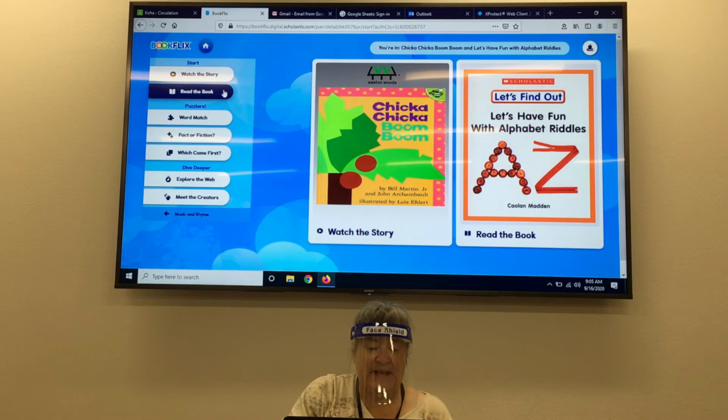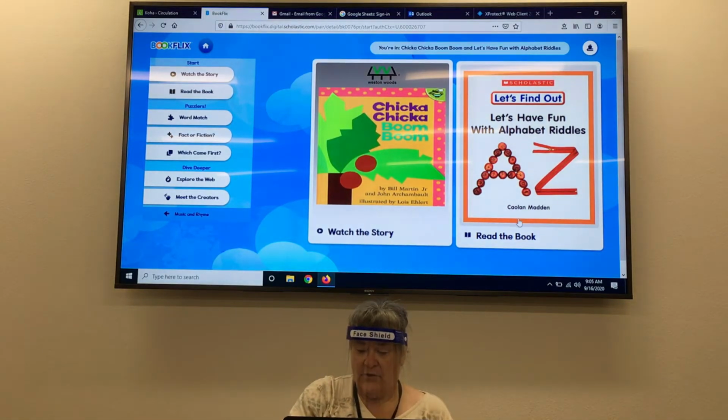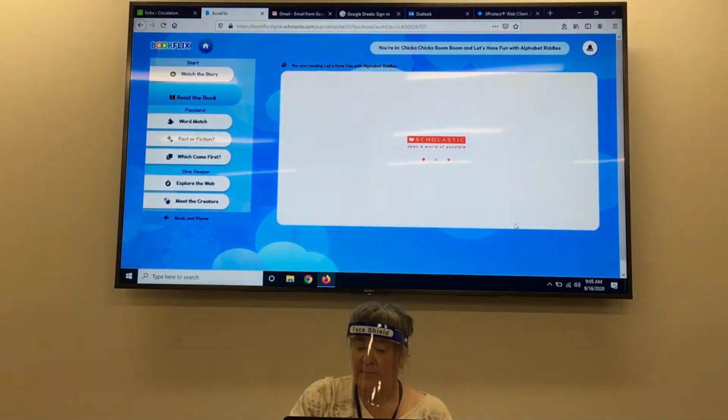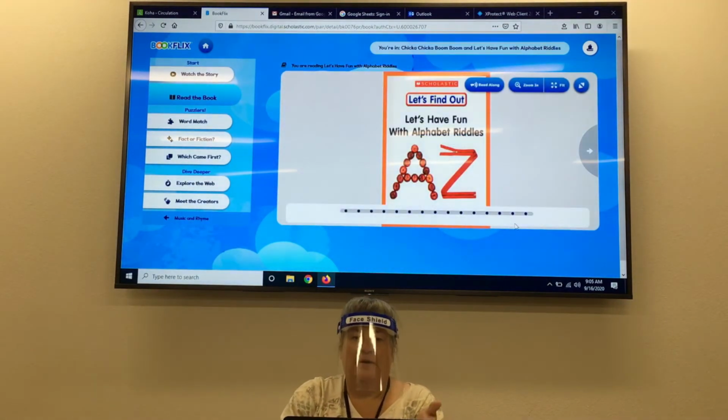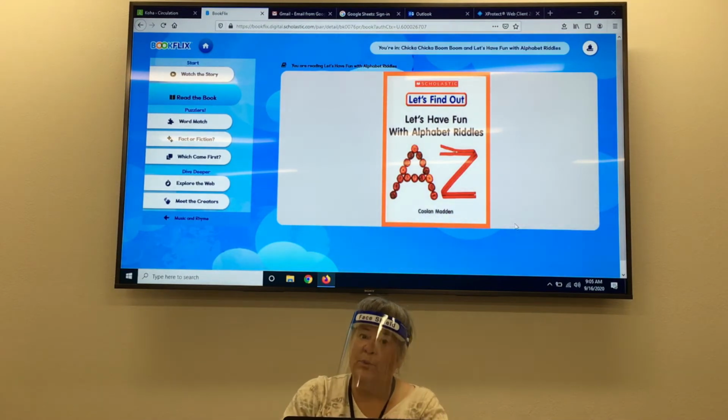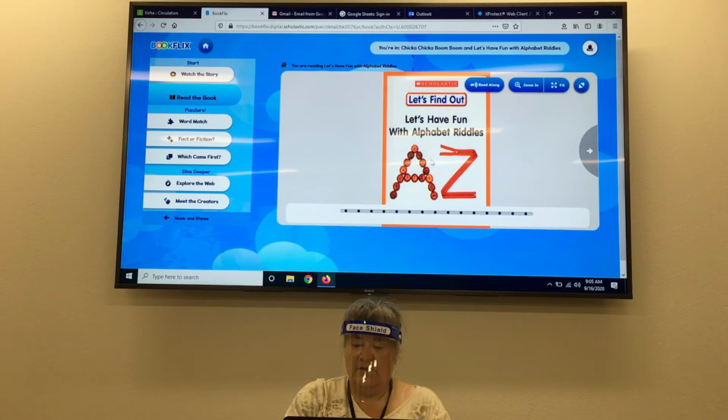So over in the tabs here where it says read the book, if you click on that one, you're going to get this one, read the book. BookFlix will read the fiction book to you. It will read Chicka Chicka Boom Boom to you. This one, you will read along.